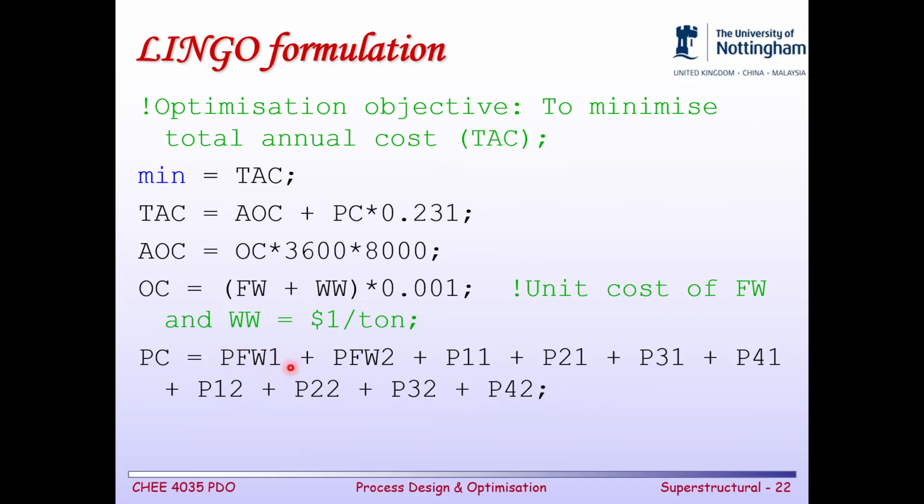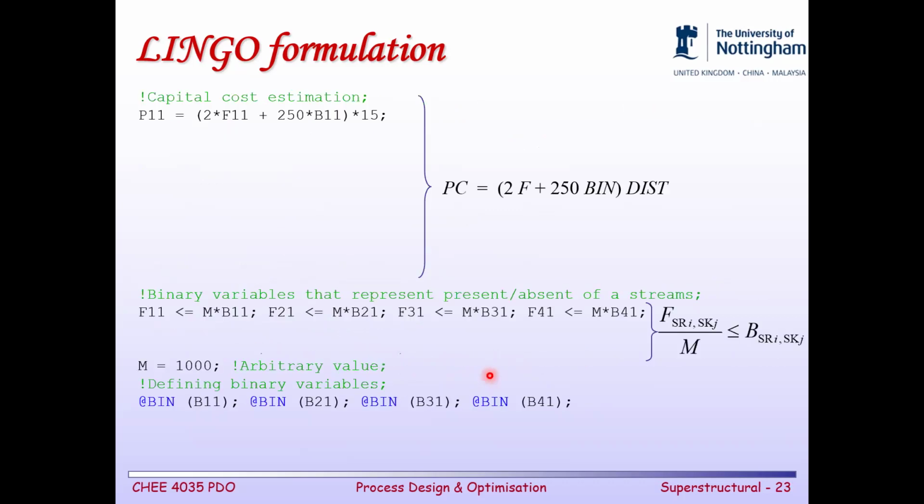So there's the piping cost of the fresh water pipe from freshwater source to sink one, freshwater to sink two, and then the connections between the sources I to sinks J. Next, one by one, these piping costs are coded.